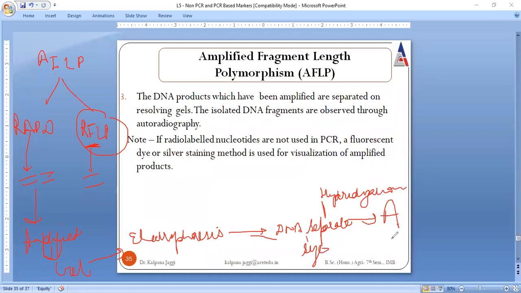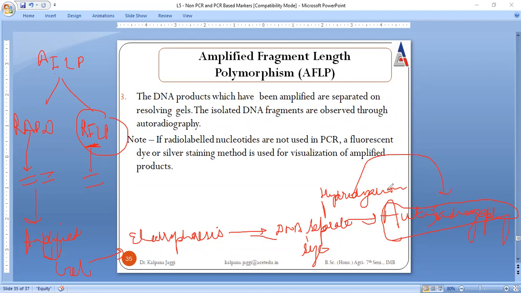So these hybridized fragments will be identified by autoradiography, where the hybridization is with the radio labeled isotope, as I told you yesterday also, which fluoresce under the UV light.